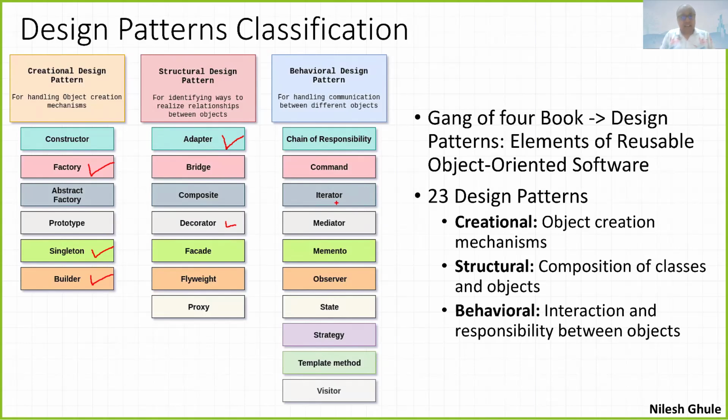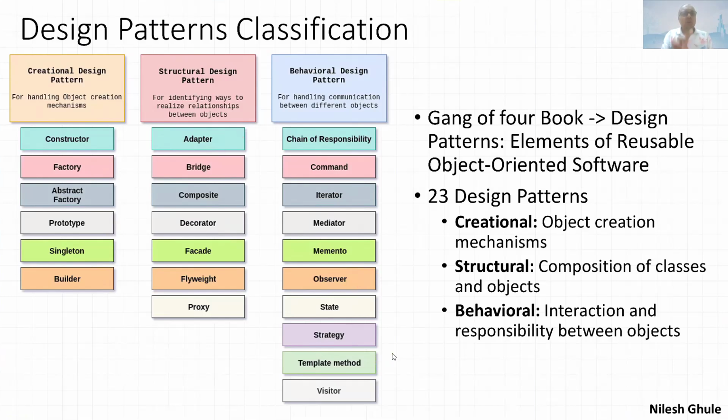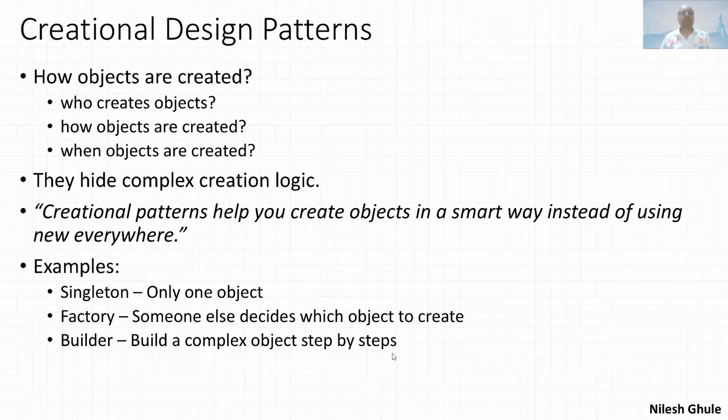From the behavioral category, we talked about the strategy design pattern, the observer design pattern, and we also implemented the template method design pattern. Purposefully, I selected these design patterns from different categories so that you get an idea about this classification. Let me quickly talk about these categories in short.